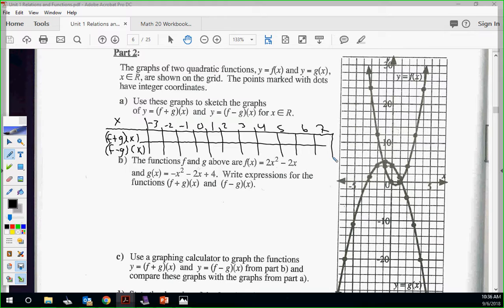So g of x at -3 is 1. You just write this on the side for your own reference. What is f of x at -3?